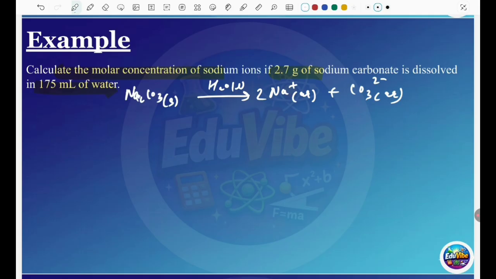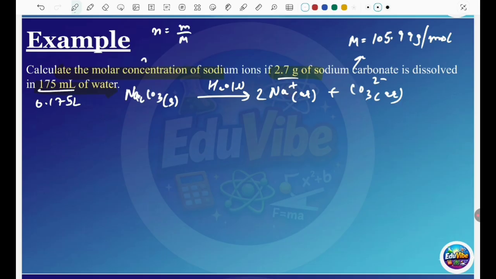Done. The molar mass of sodium carbonate is about 105.99. You know how to find the molar mass, so you can find it on your own. This should be in liters, so 0.175 liters. For n, you have to do the mass upon the molar mass.